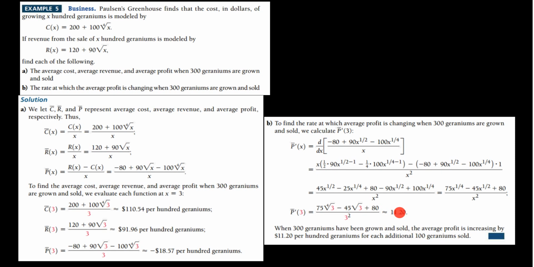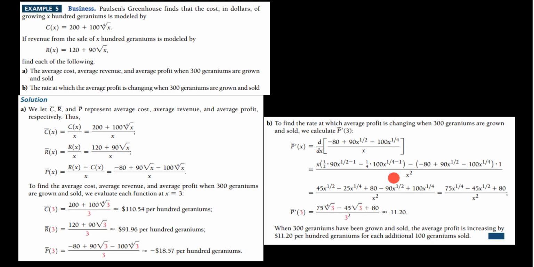So what this is saying is there is going to be a point in which we end up selling geraniums at a profit, because if our profit is increasing for each additional 100 geraniums sold, then we should be operating at a profit soon-ish.